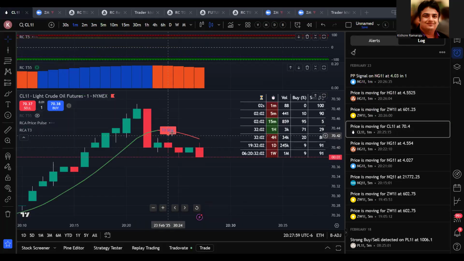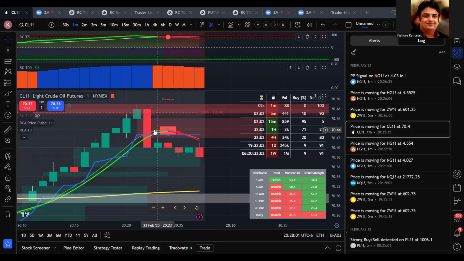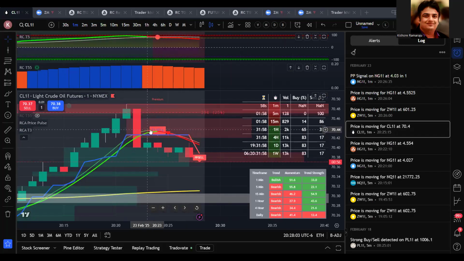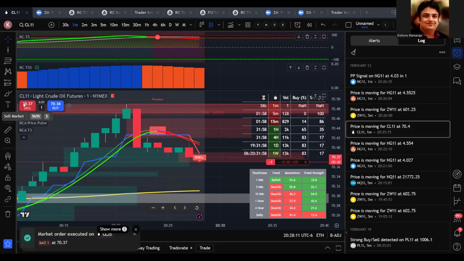Okay, for crude oil, we got a sell signal. So you can see that price changed from green to red. You got a sell signal. This turned to red. This turned to red. So now I can go and click on the sell button.